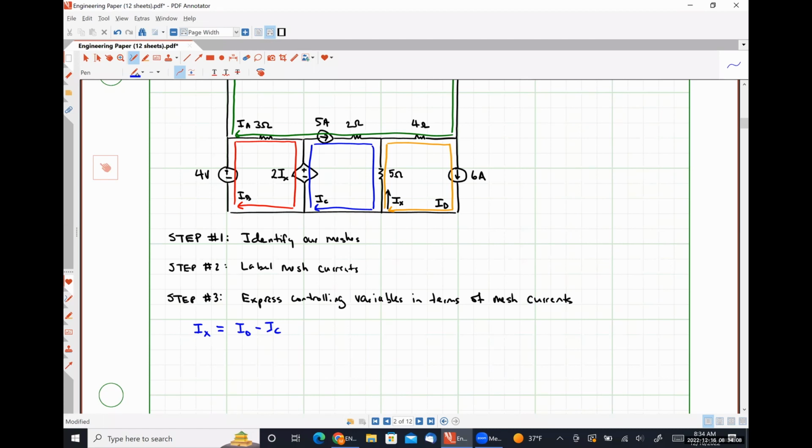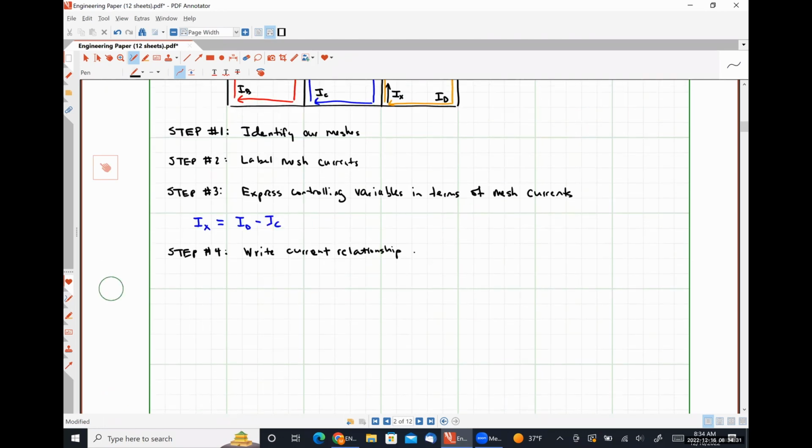Okay. So what Kevin was just asking about takes us to step number 4. This is going to be one of our new steps. We need to write current relationship equations for each current source.